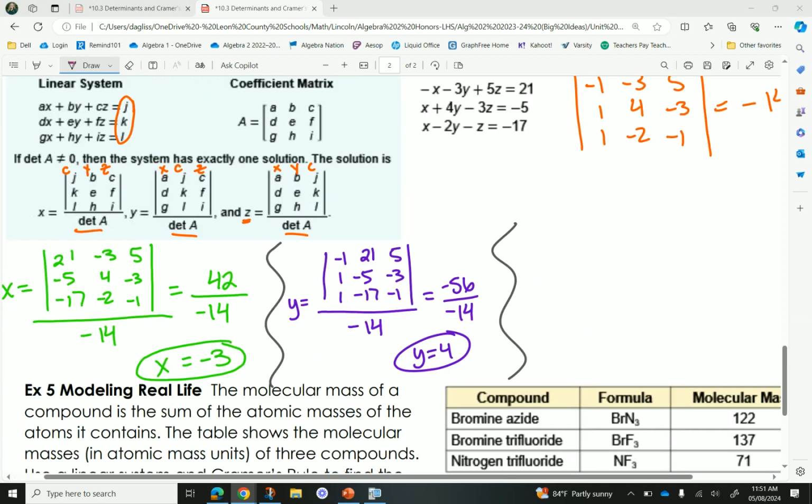You do that and tell me what you get. Here we go. So z, we have our x's, we have our y's. We're looking for my z's, so that's where our constants come in.